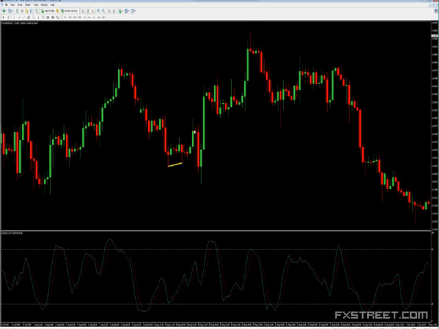It goes higher and higher and higher. People are looking to buy this thing, and people who do buy it put their stops slightly below here. Now, obviously, when a strong candle like this comes down and stops them out, they think, oh, looks like the trend is still going down. I'm going to sell.